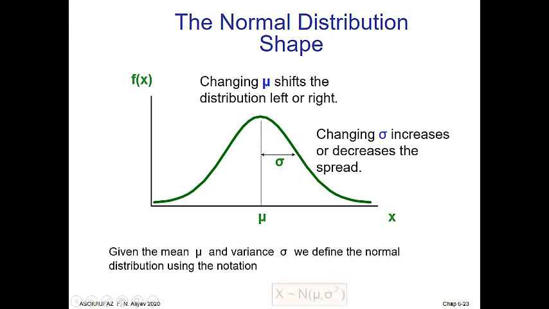So again, I want to mention that the normal distribution only depends on the mean and variance. If you want to show that the variable x is normally distributed, you may use this representation: x is normally distributed with mean mu and variance sigma squared, or you may write the standard deviation also.